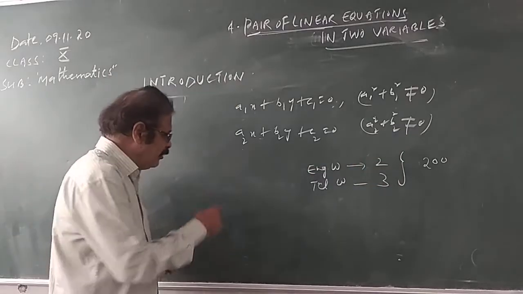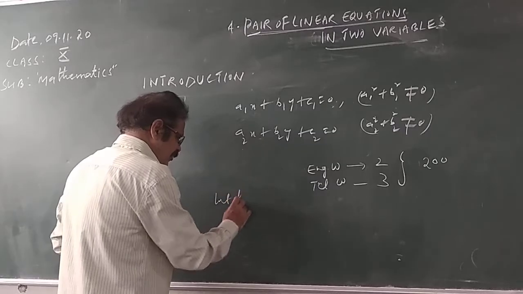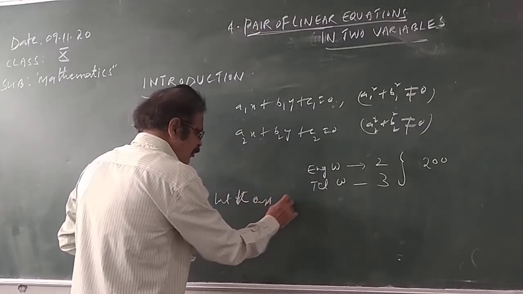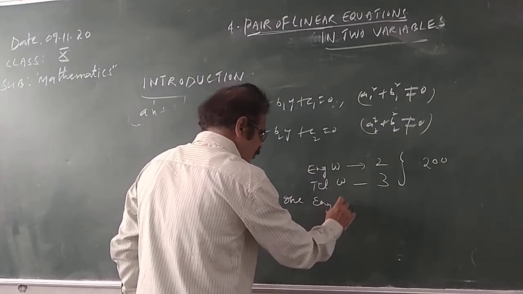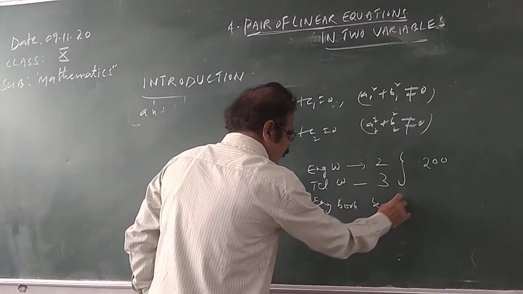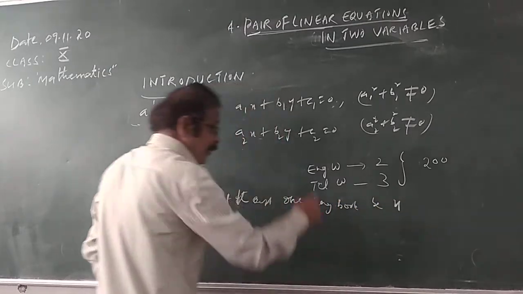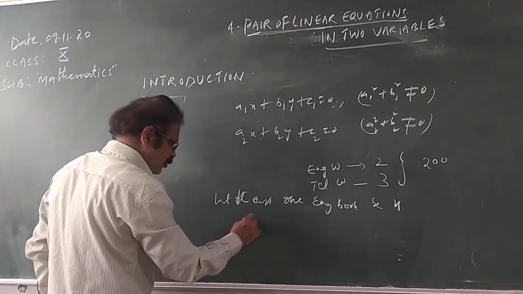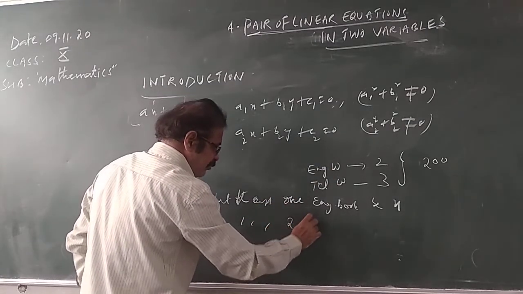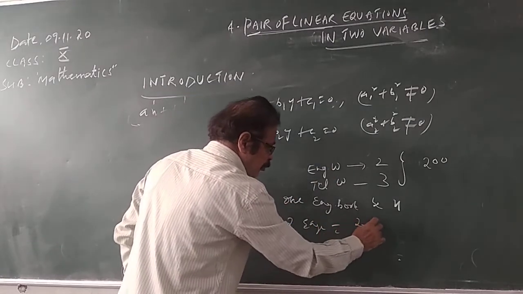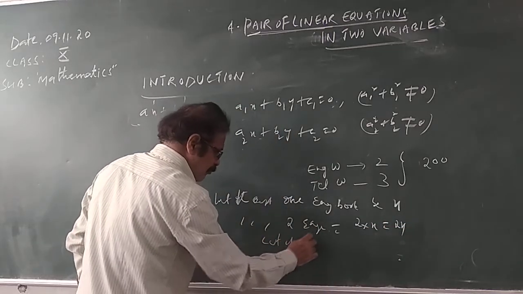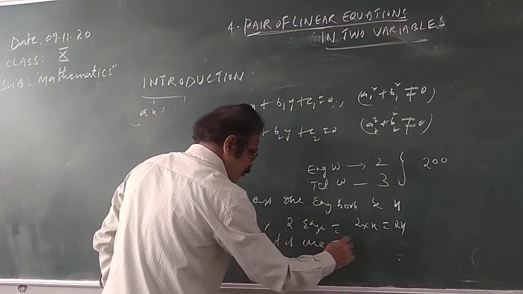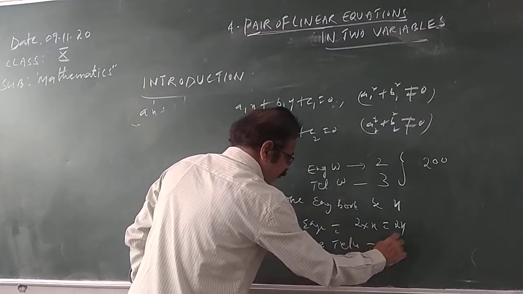So what will you say? Let the cost of one English book be x rupees. How many English books did she bring? 2. So the cost of 2 English books equals 2 into x, 2x. The cost of one Telugu book is y.